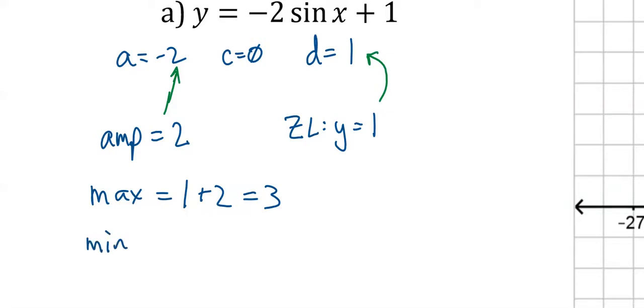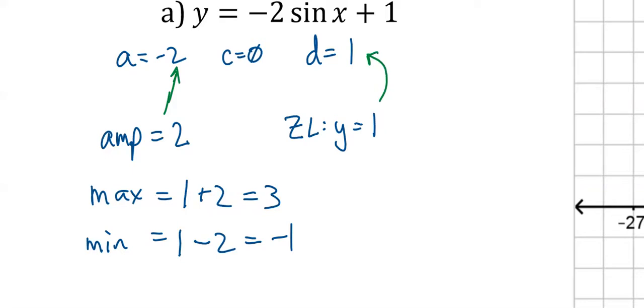Start at the 0 line and go down the amplitude. See, if you can get in the habit of writing out these steps, when you go to graph, it's like trivial. Because you're like, zero line, max, zero line, min, zero line. You already know where all those points are.